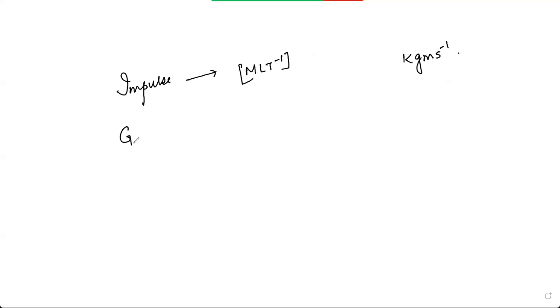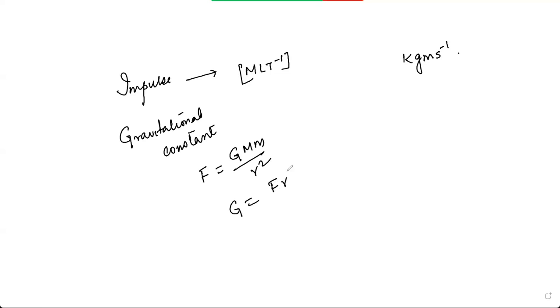Dimensional formula of gravitational constant. We know F equals G m m by r square from Newton's law of gravitation. So G is F r square by m into m.